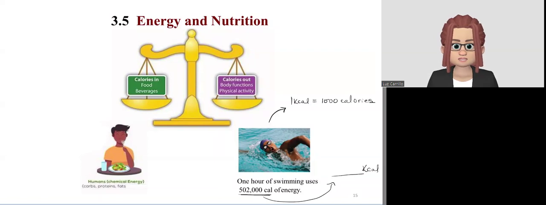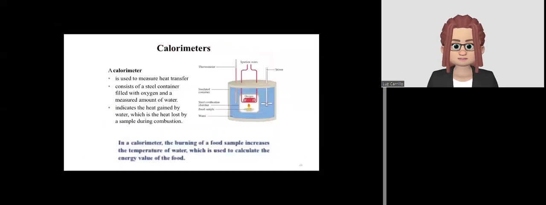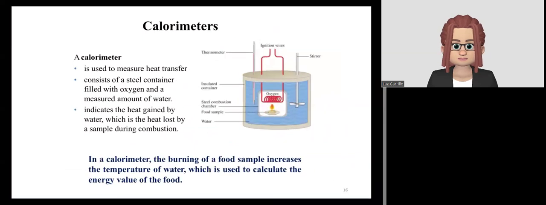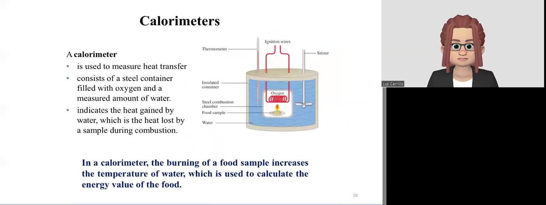The energy that is stored in food, as I just mentioned a few moments ago, that chemical energy can be calculated by doing experiments. We have instruments that are called calorimeters that specifically will be looking at that chemical energy that is stored in food.